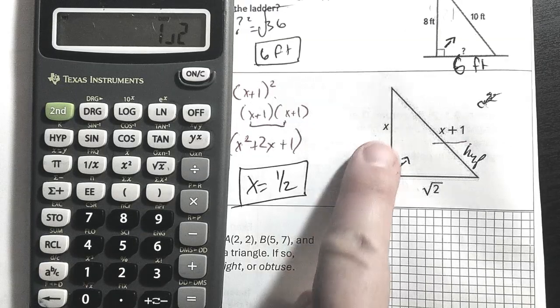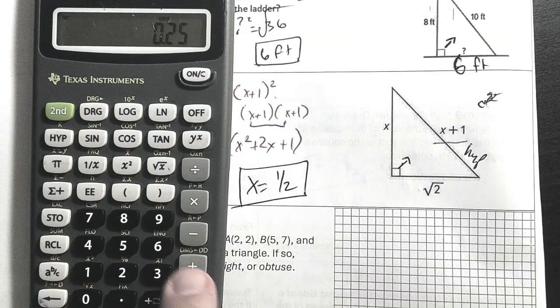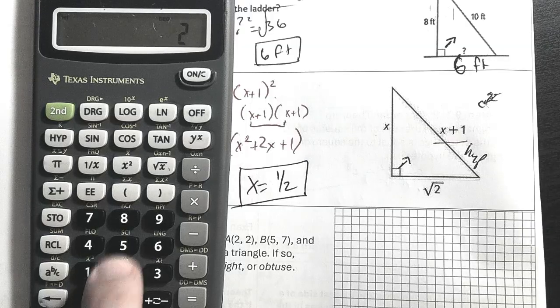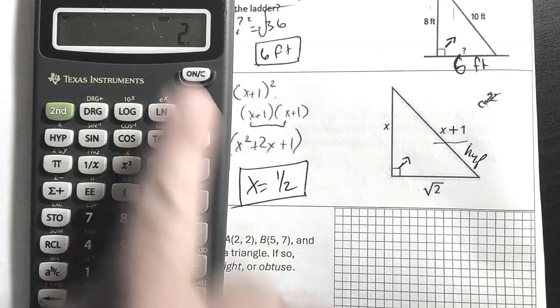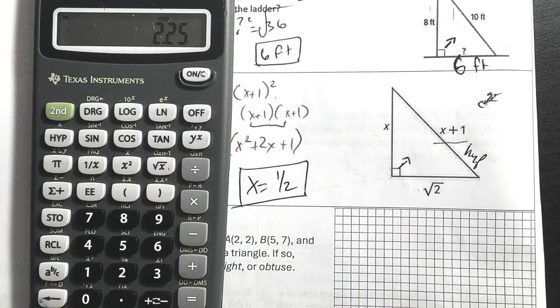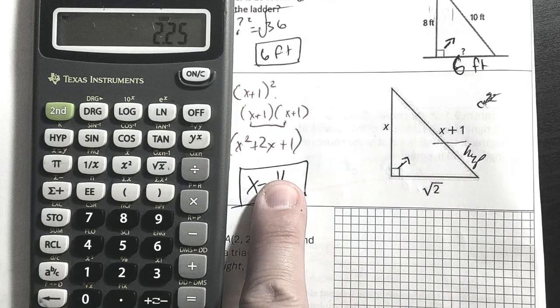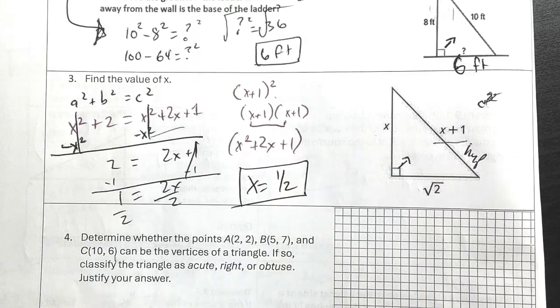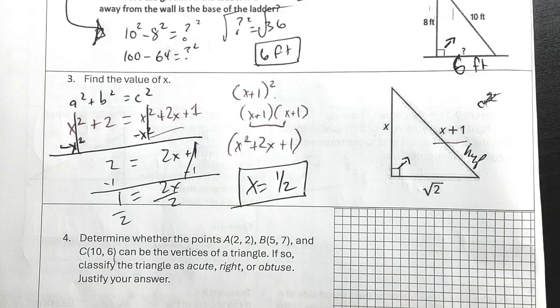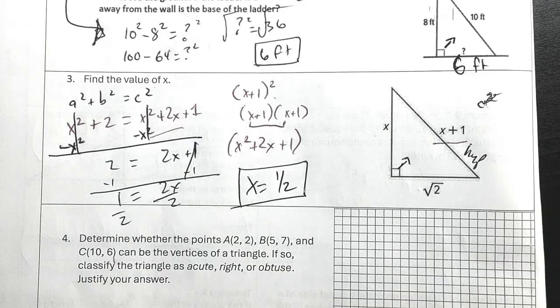So 1/2 squared plus 2 square root squared 2 equals 2.25. So x was 1/2. No, wait a minute. What did we do wrong here? Hold on. This worked earlier. What did I do wrong? X equals 1/2.